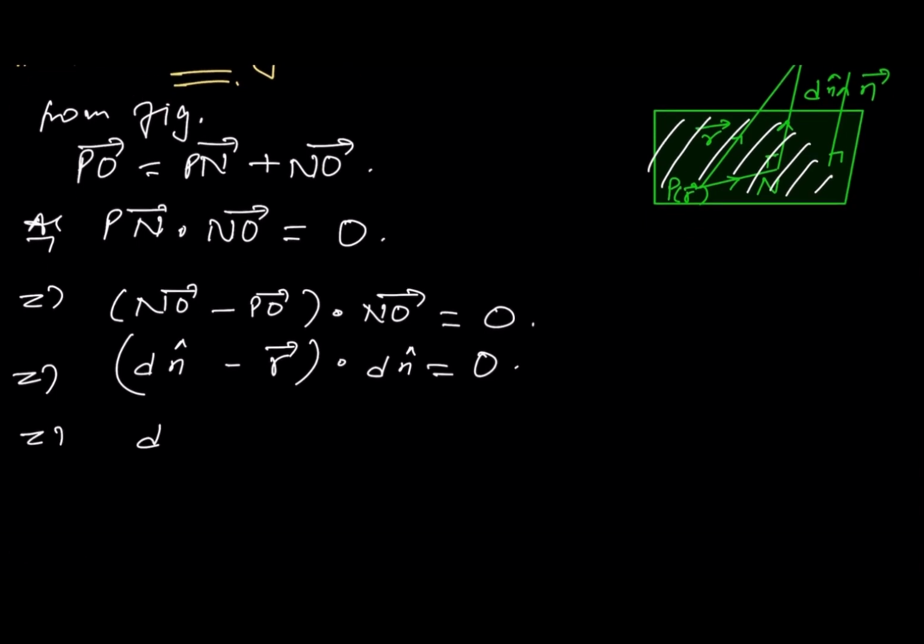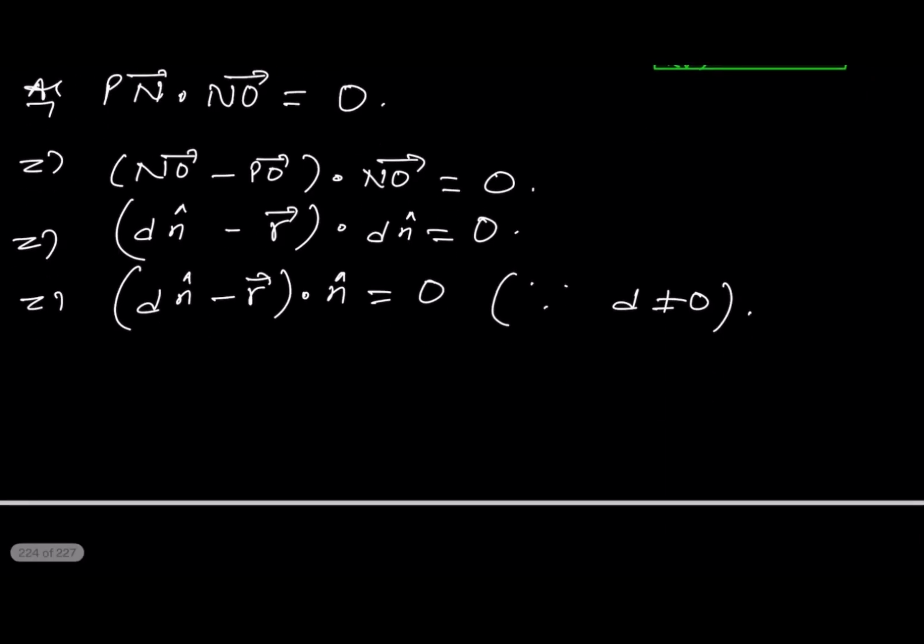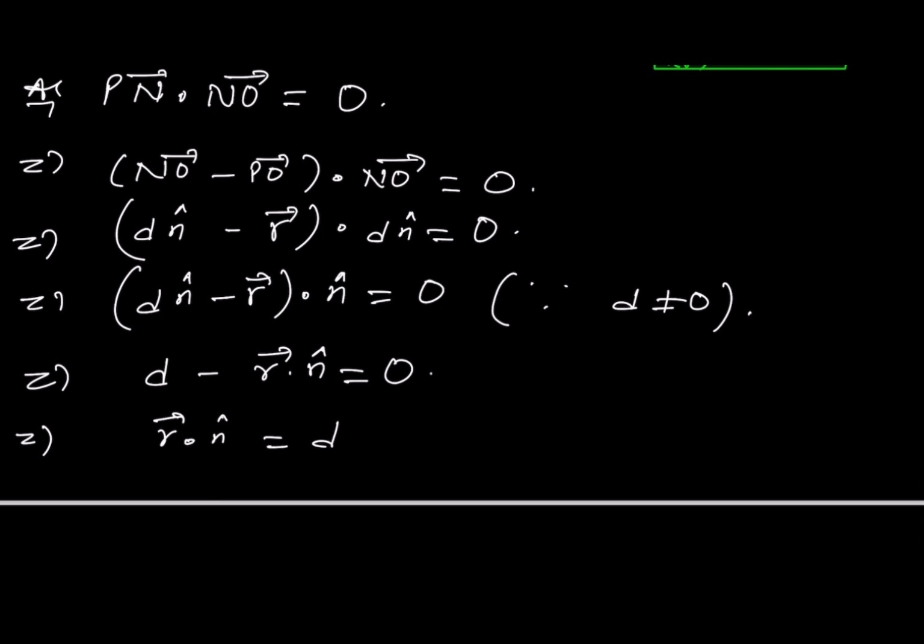So this becomes (d n cap minus r vector) dot n cap is equal to 0, reason being d cannot be 0. Okay, so this will become (d minus r dot n cap) is equal to 0, or r dot n cap is equal to d, right?